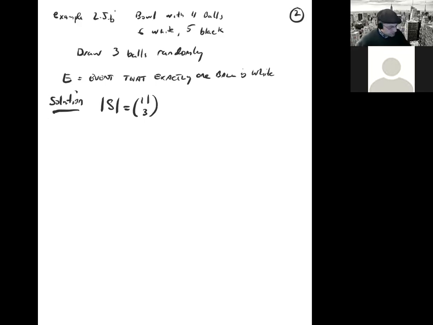And the thing is, we have to compute the size of E, the number of outcomes in which exactly 1 white ball is drawn. But how can we do that? Well, the only way is to draw 1 white ball and 2 black balls. So how many ways are there of drawing a white ball? There are 6 white balls, so there's 6 choose 1 ways of drawing a white ball.